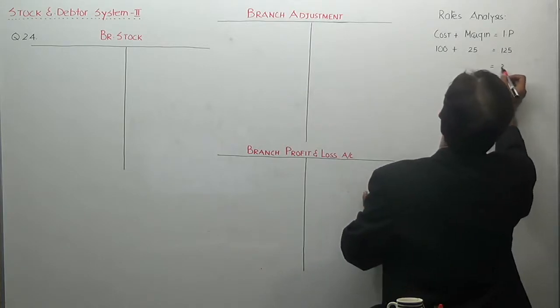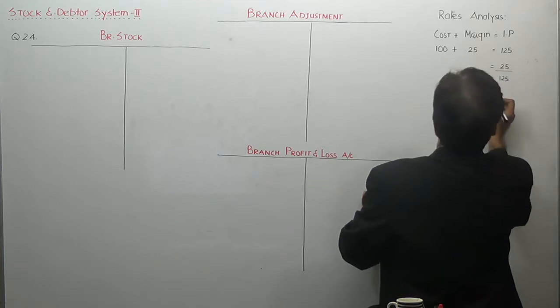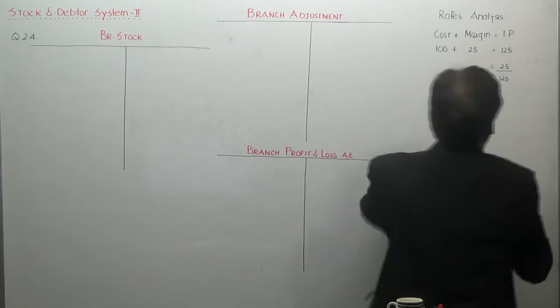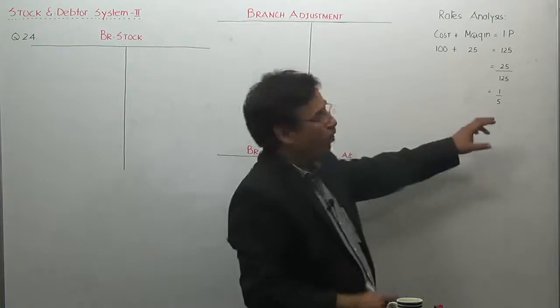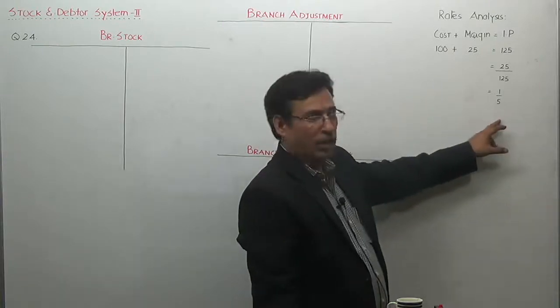Now write margin in the numerator, 25, and in the denominator 125. This is your rate of loading on invoice price.